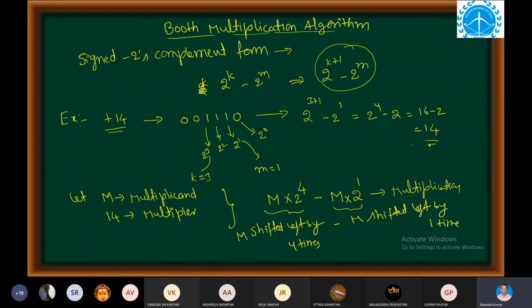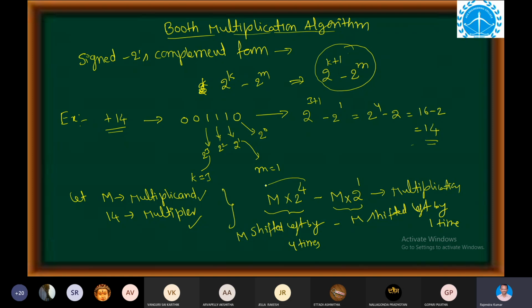So we are taking, for example, 14 as the multiplier and m as the multiplicand. Then how do we form the multiplication operation? m into 2 power 4, minus m into 2 power 1, gives the multiplication.